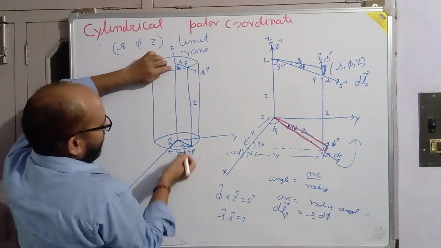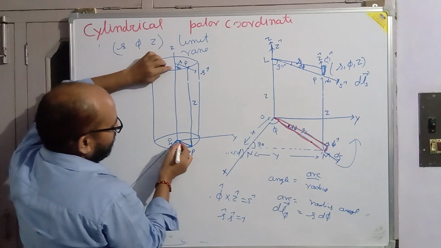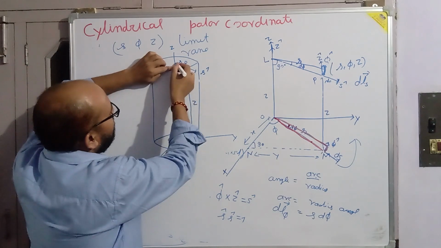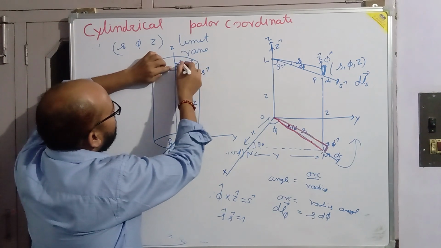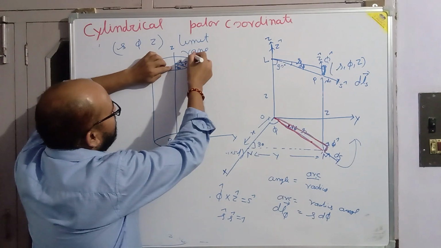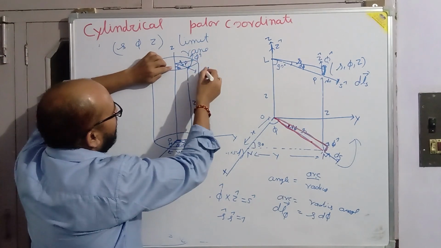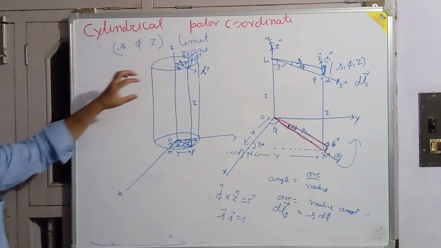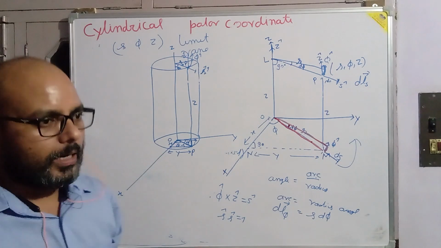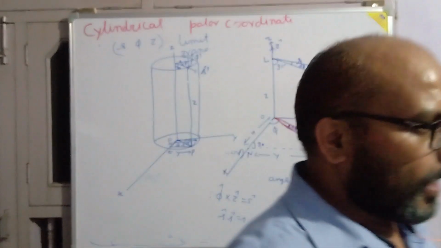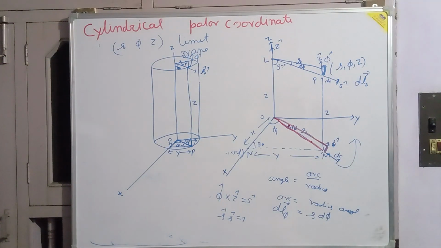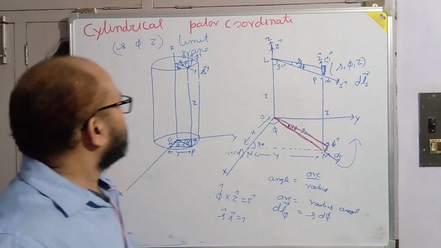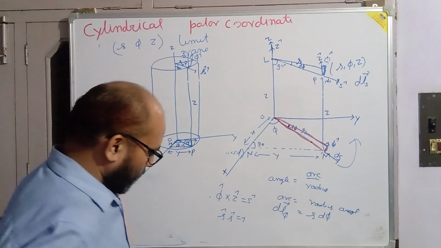Here this angle is phi, so I am increasing this angle by d phi. So phi cap, s cap and z cap are the unit vectors along the s, phi and z coordinates in cylindrical or circular cylindrical coordinates.